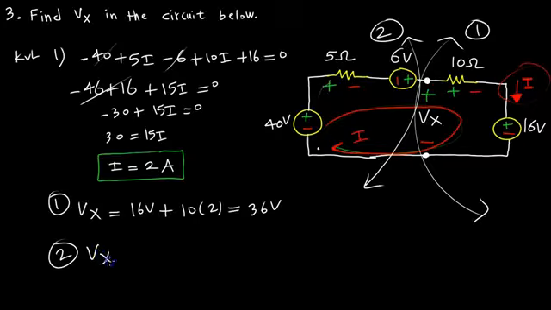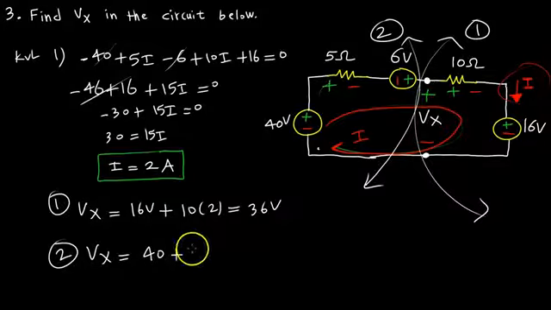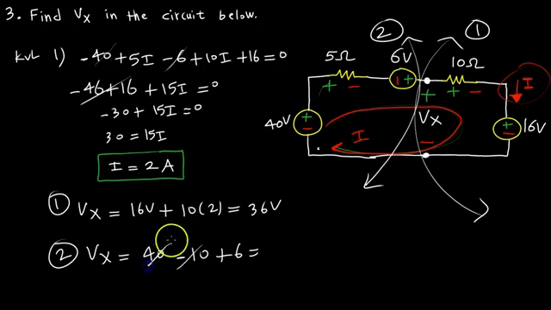So Vx is equal to a 40 volt rise, minus 5I, and I is 2, so I have a drop here of 10, and I'm going to get a rise of 6. That gives me 30 plus 6, which is 36.